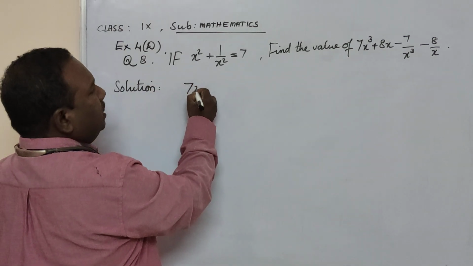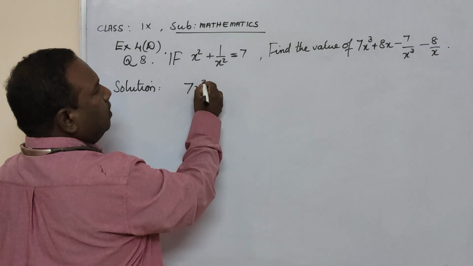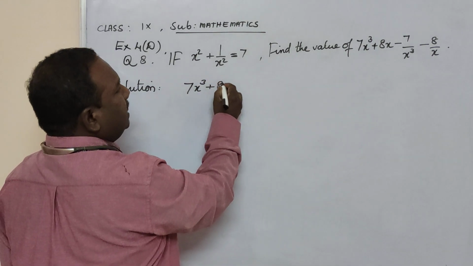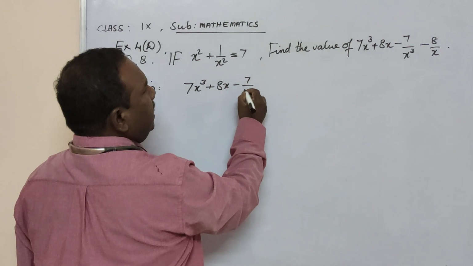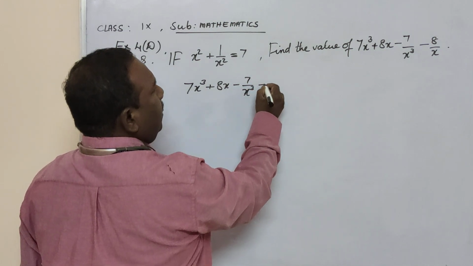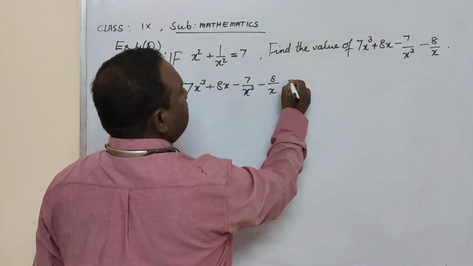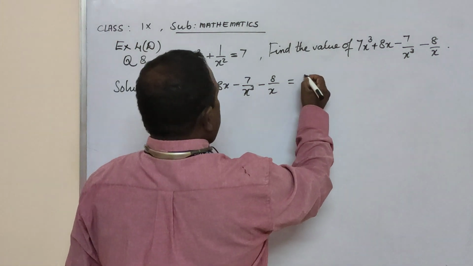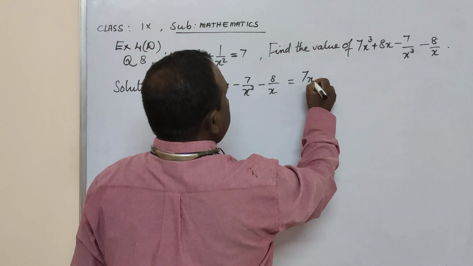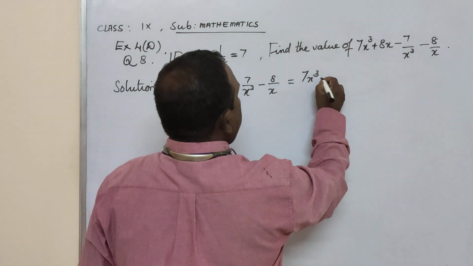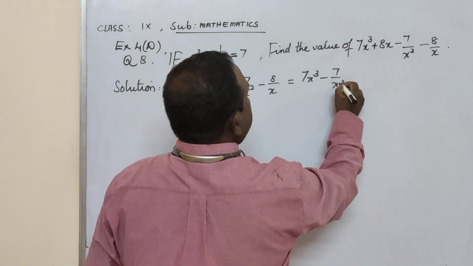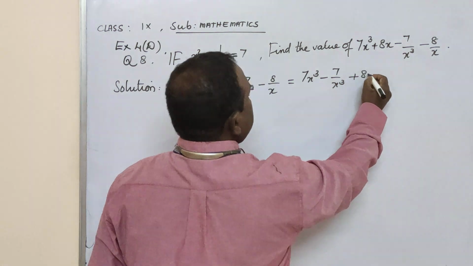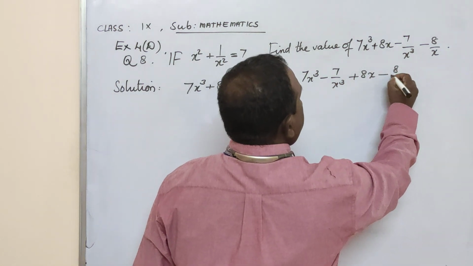Question is 7x cube plus 8x minus 7 by x cube minus 8 by x. I rewrite this question once more: 7x cube minus 7 by x cube plus 8x minus 8 by x.